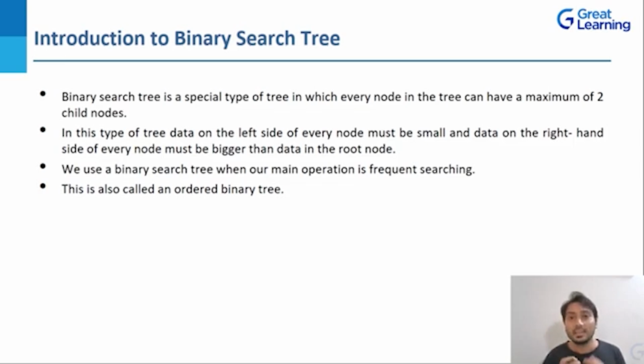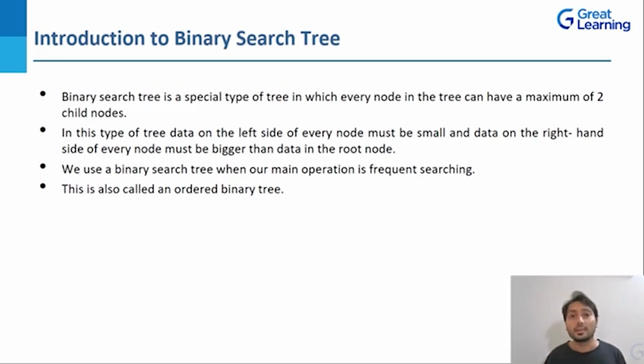Now here, as the name says, the frequent operation which we perform is the searching operation. We also have insertion and deletion, but whenever you want to perform the search operation faster, you will try to incorporate this binary search tree in your program. The search operation becomes faster whenever you introduce binary search tree in your program as a data structure. And it is also called an ordered binary tree.